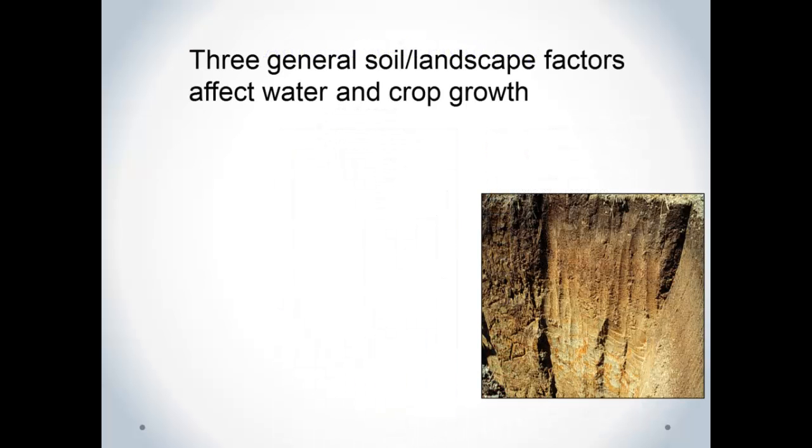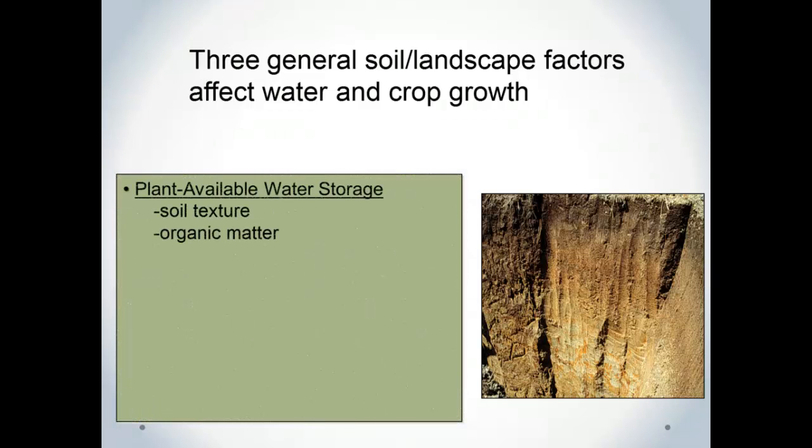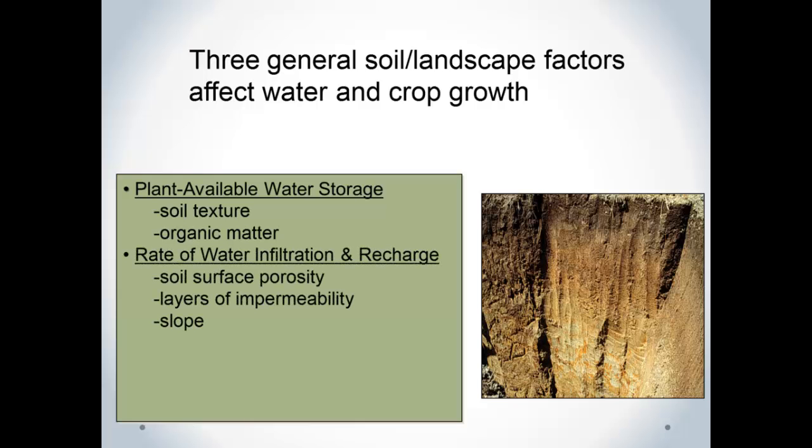We have boiled down our understanding of soil landscape factors that affect water and crop growth into 3 things. One being the plant available water storage, which is typically a function of the soil texture and organic matter. The rate of water infiltration and recharge, which will be a function of factors such as soil water porosity, layers, impermeability, and slope.